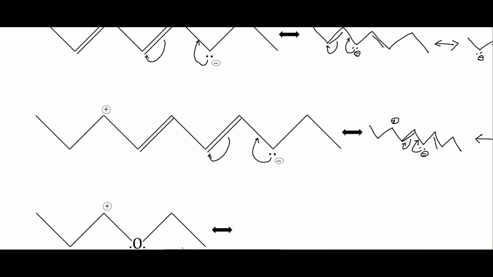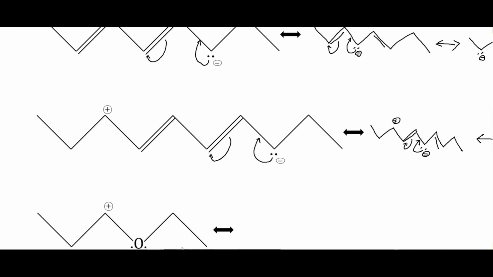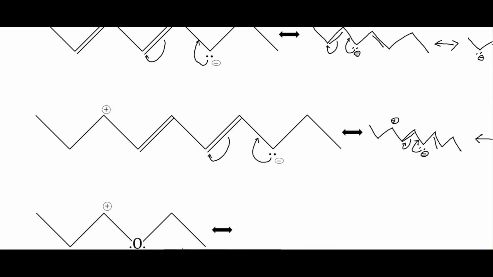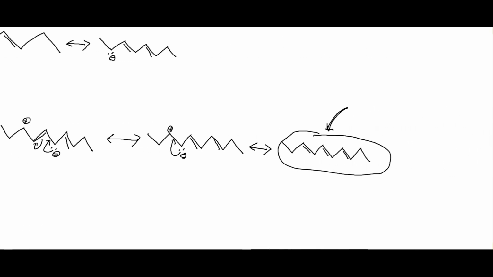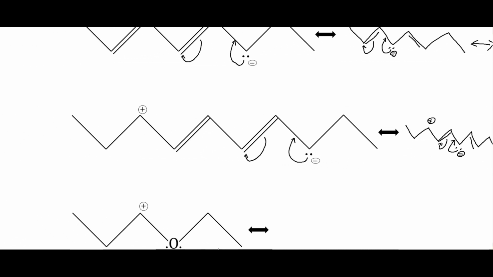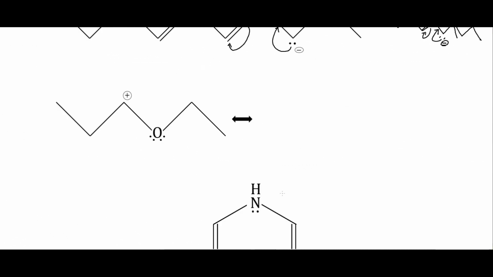So the reason I put this here is, one, to introduce this idea of major contributors, but two, you will probably encounter something like this in homework problems early on in organic chemistry class. But anyway, like I said, this is going to be the major contributor to this resonance structure.